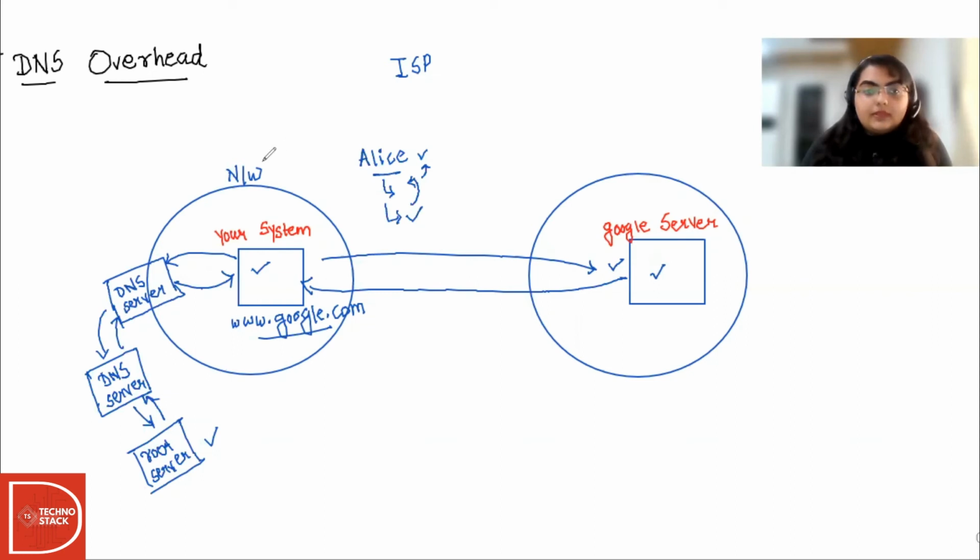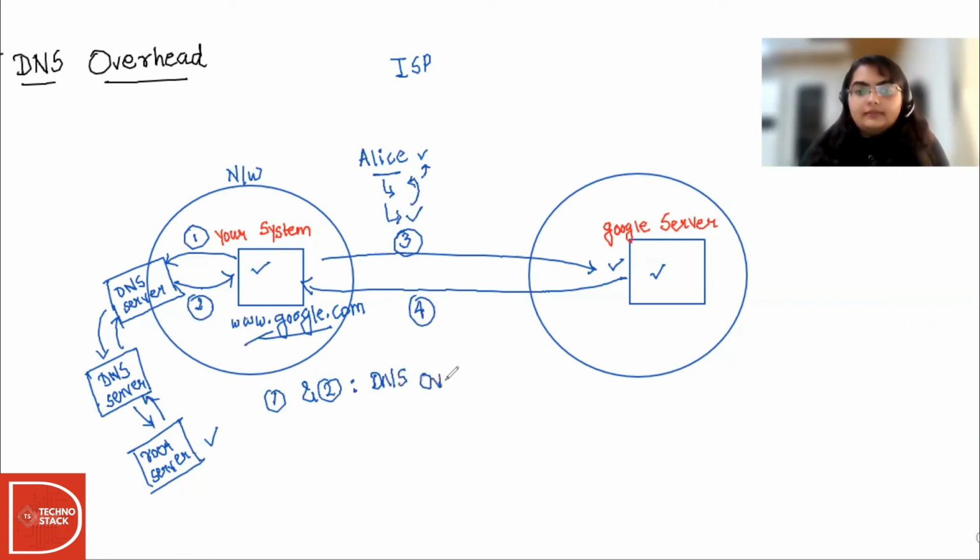So this is process one, where you ask with the domain for an IP address. The DNS server provides you with the IP address. Then with that IP address you reach the server, and the server gets back with the response to your request. So step one and step two here are basically DNS overhead.